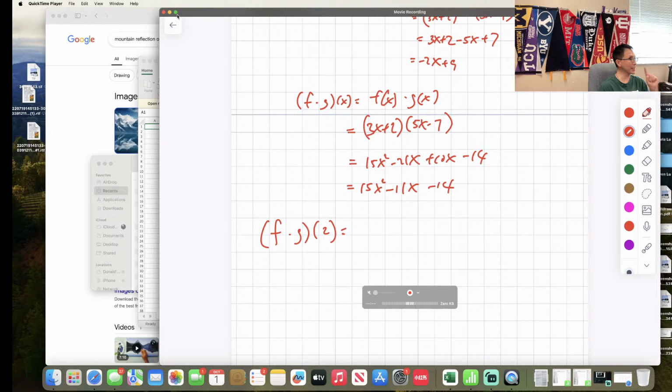There's one way that is easier than the other, because imagine that you distribute this and you plug in 2. Imagine that we already know it's 15x squared minus 11x minus 14, and we plug in 2. So that's going to be 15 times 4 minus 22 minus 14. That's equal to 60 minus 22 minus 14.